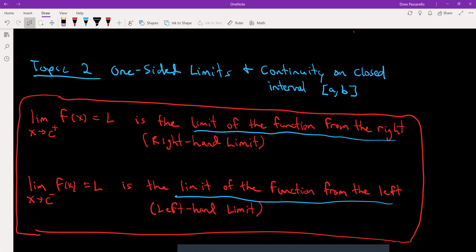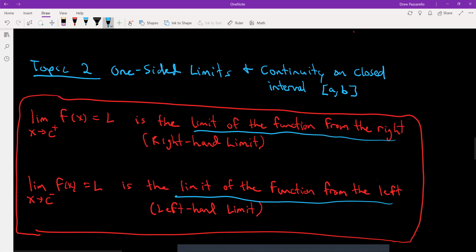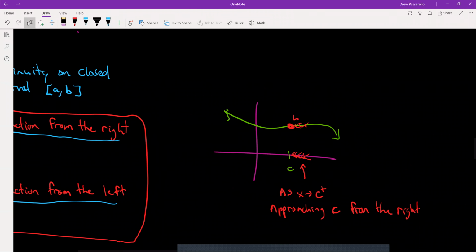And that's called a left side limit. So if I go back to my picture, if I'm approaching C this time from the left side, as x approaches C, we use a minus sign above C to mean approaching C from the left.